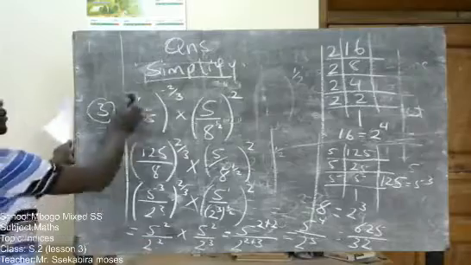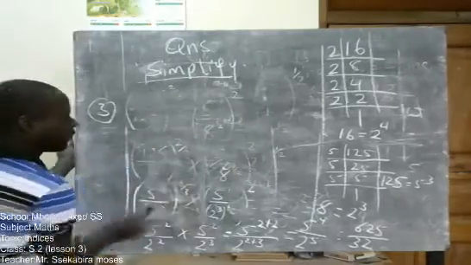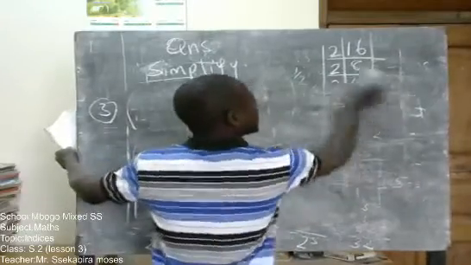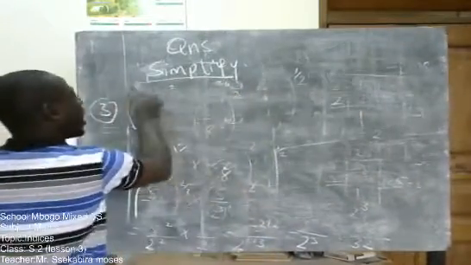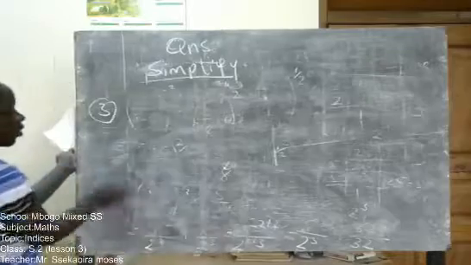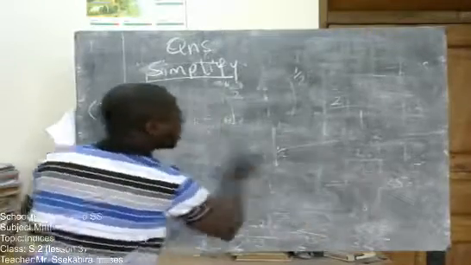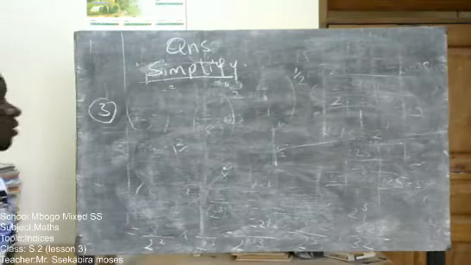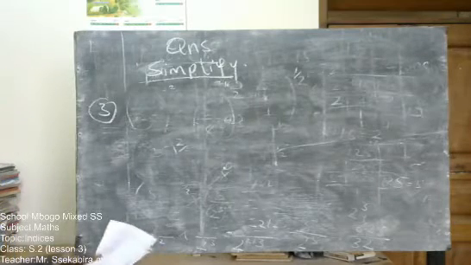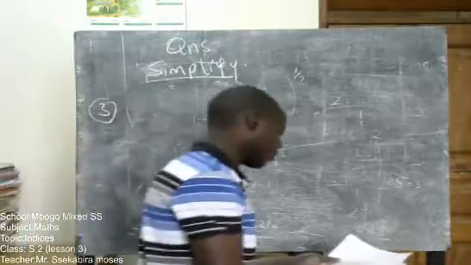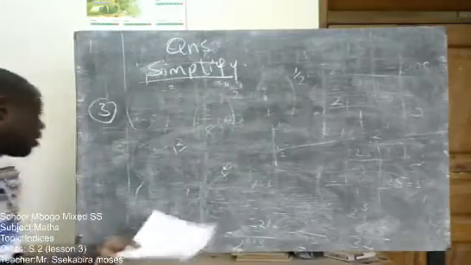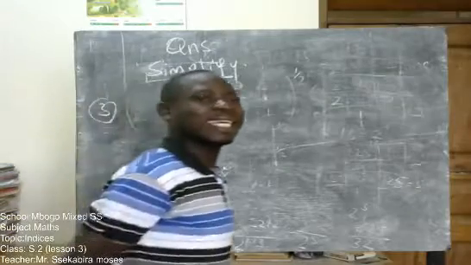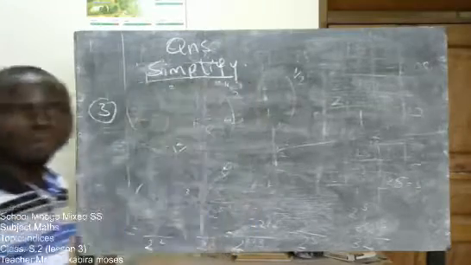Simplify. In most cases, we simplify indices without using a calculator. Don't pull out a calculator. Calculator is not important as far as simplifying indices are concerned. Next, they can ask you to simplify a question which has decimal places.